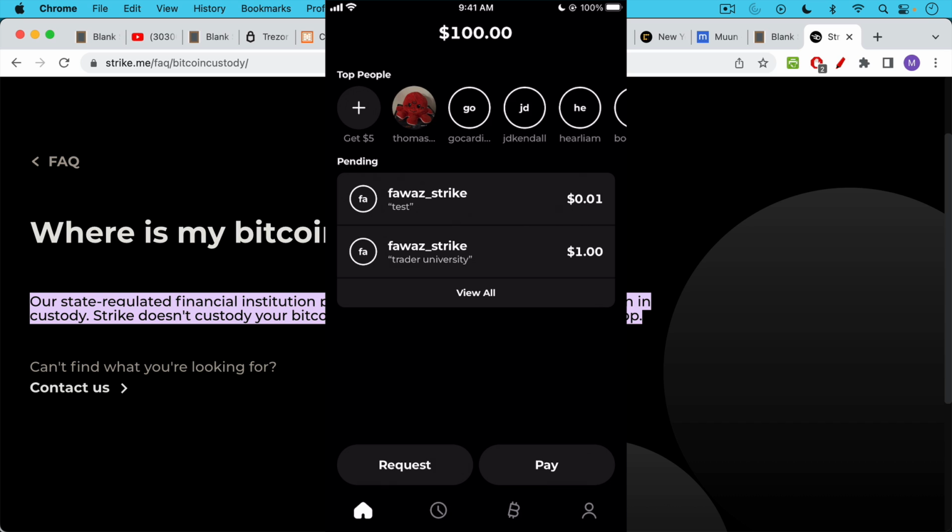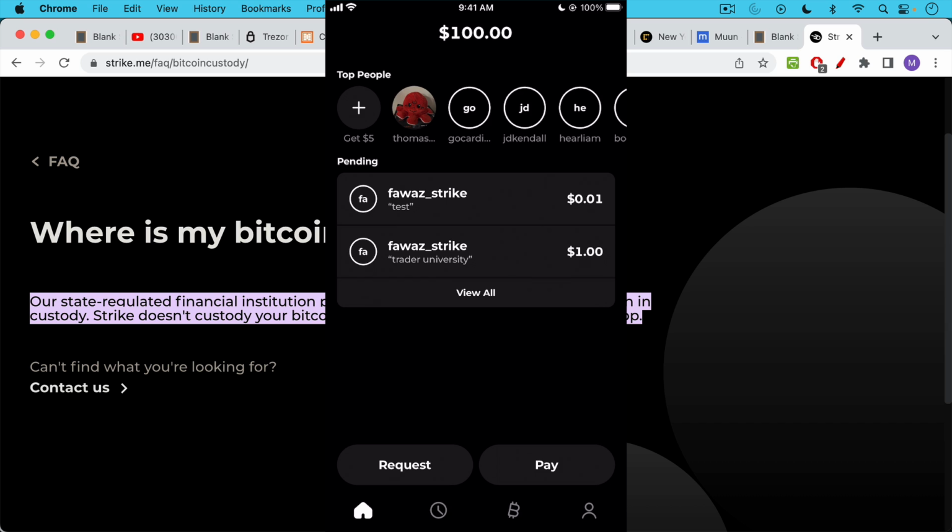So this is how you can use the Strike app as a substitute for Venmo or for PayPal. This doesn't yet work, for example, if you're a merchant that you want to sell something, you would have to use this directly. It would not work as a paywall, for example, as I sell my trading courses at Trade University. And so I'm interested in finding ways to do that as well.